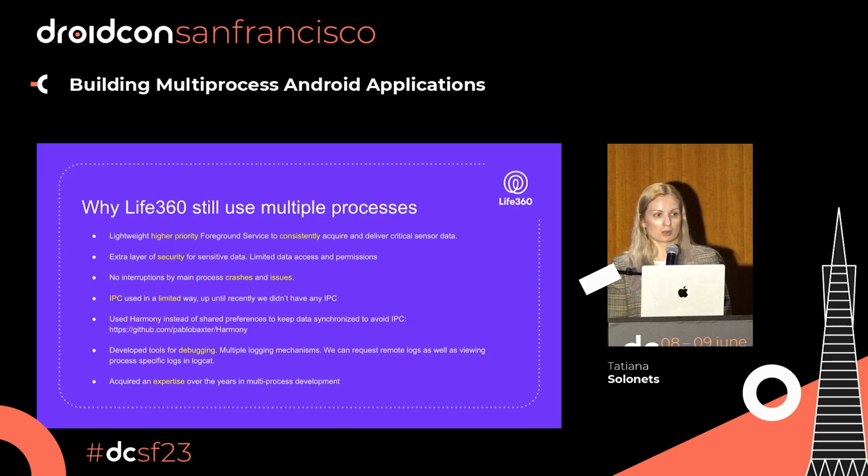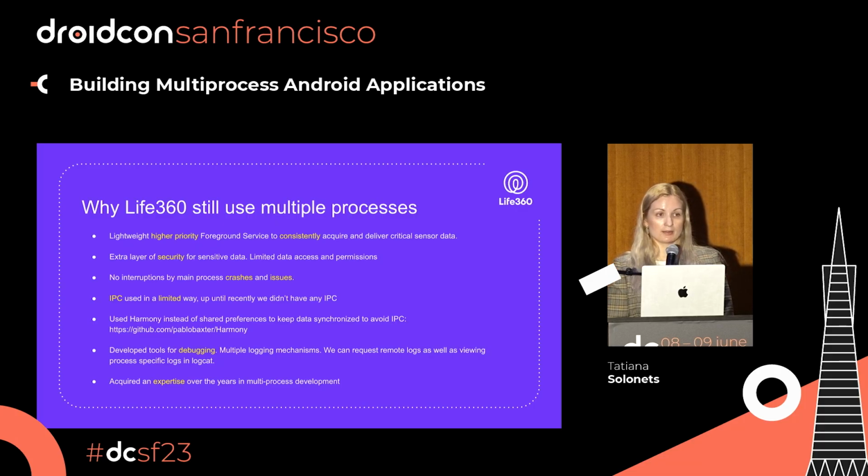This is the backbone of our technology, and it's crucial for us. And of course, the security of the data, we have no interruptions from crashes and issues. We have very limited IPC implemented. And as I mentioned, we were able to avoid IPC altogether prior.